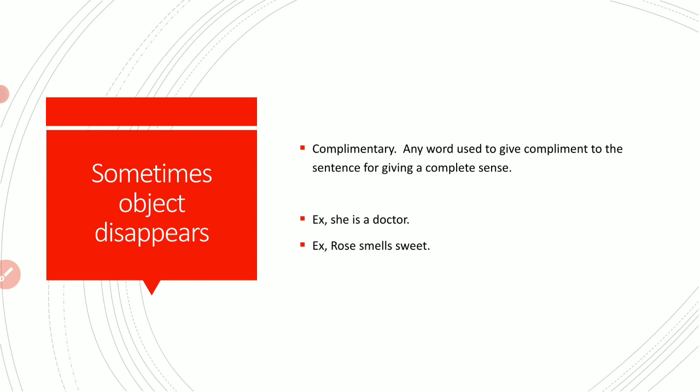So let us take an example. She is a doctor. If I write she is what? This sentence is not complete. So in order to make it complete, I inserted a complement, that is doctor. Rose smells sweet. Rose is the subject here. Smells is the verb. Then I put a complement, that is sweet.